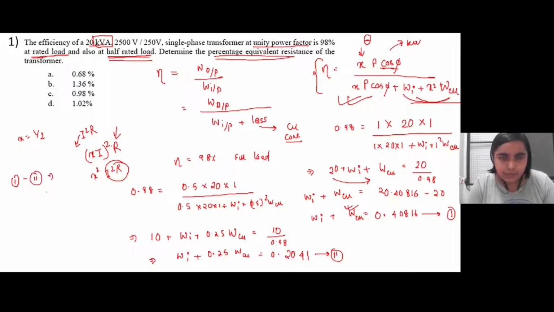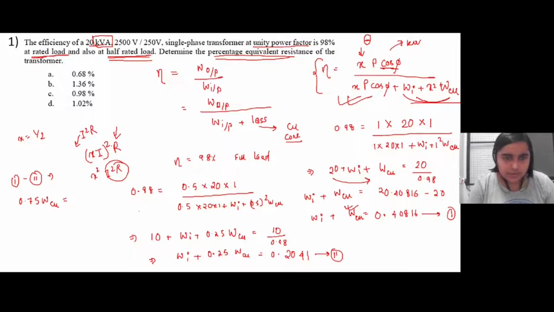We'll be getting 0.75, sorry, so 0.75 into WCU is equal to minus 0.40816.